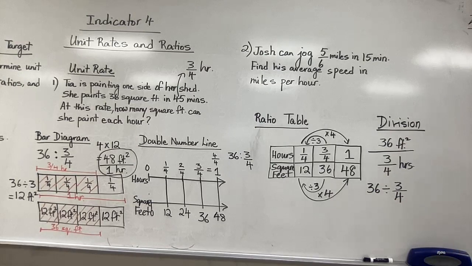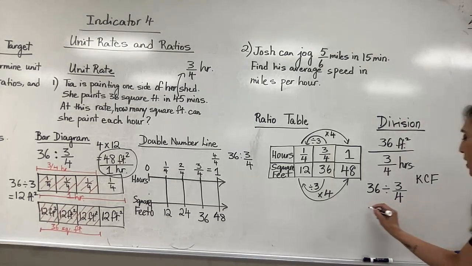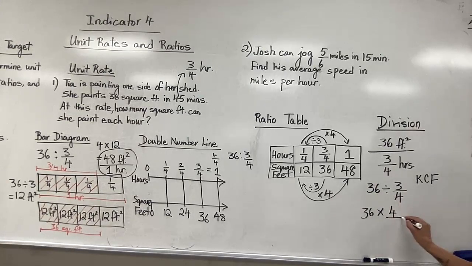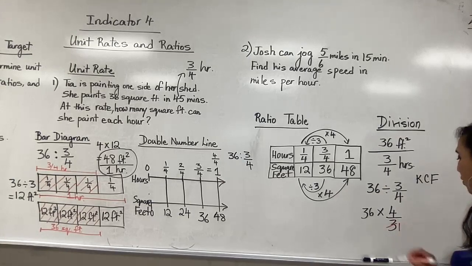Okay, and then we are going to use the keep change flip. All right, so keep the first number as is, change the division to multiplication, flip the second fraction, which is the reciprocal. Here we go. All right, and then we are going to simplify, and I can do 1 times 3 is 3.